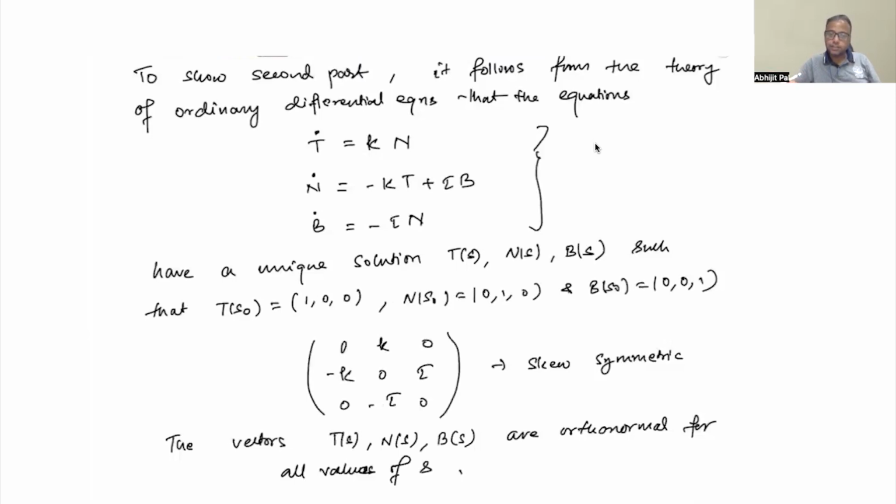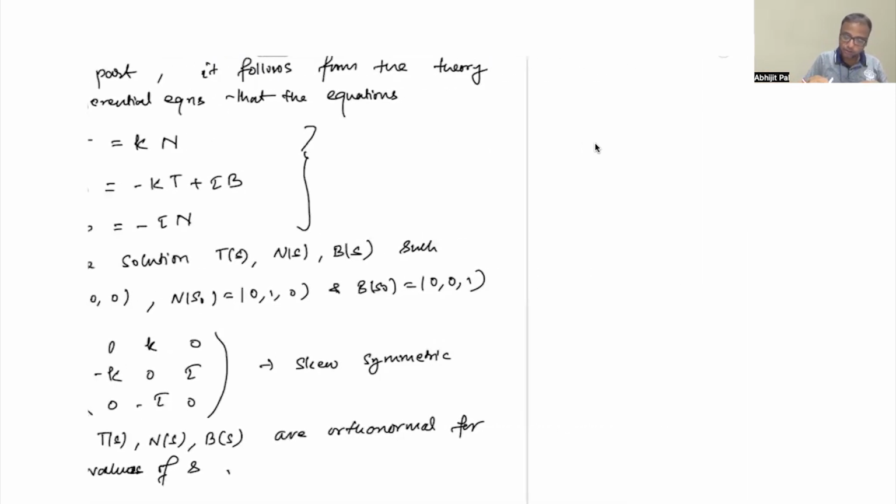Okay, and I got this differential equation. You solve this differential equation, and we'll get three solutions, Ts, Ns, Bs. So now we have to obtain a curve gamma whose tangent vector will be T, normal vector will be N, and binormal vector will be B. Okay, so how to find that curve?